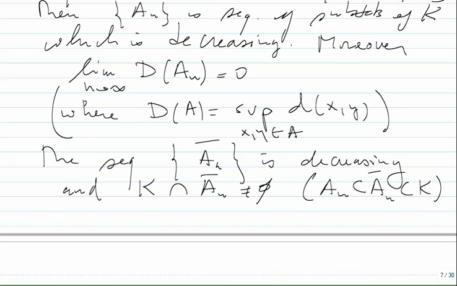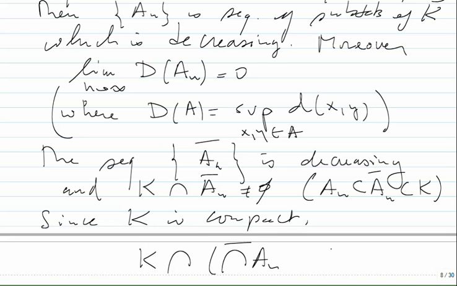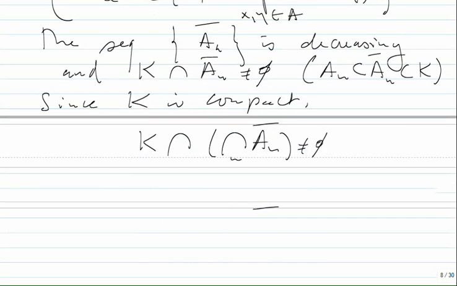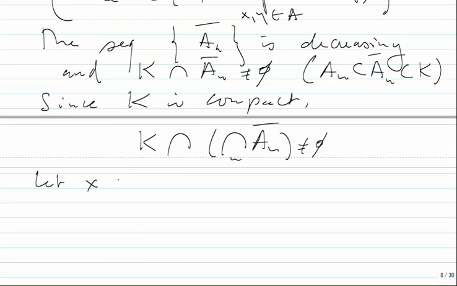This implies then, since K is compact, the Cantor intersection property, that the intersection of all the A_n bars is not empty. Let x belong to all the A_n bars, which is also a subset of K. So x belongs to K.